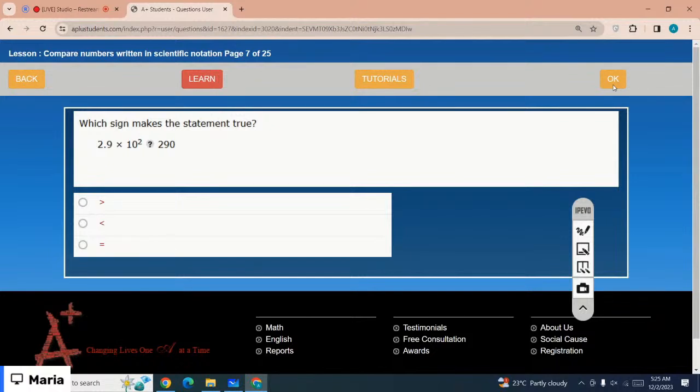They both are exactly equal, right? Because when you move the decimal point 2 places, right, that would be again 290, right? So they both are exactly equal.